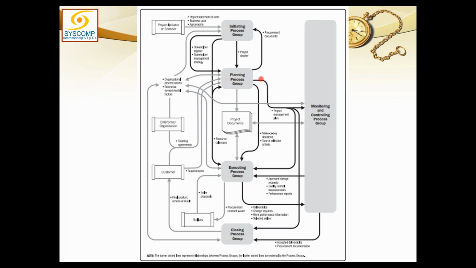So the project management plan goes out of it, and this project management plan is to be distributed to all processes of execution, to all processes of monitoring and control, and to all processes of closing. You don't need to remember exactly which processes get the project management plan. Every process subsequently will get the project management plan as an input. So there is not a big deal about it.